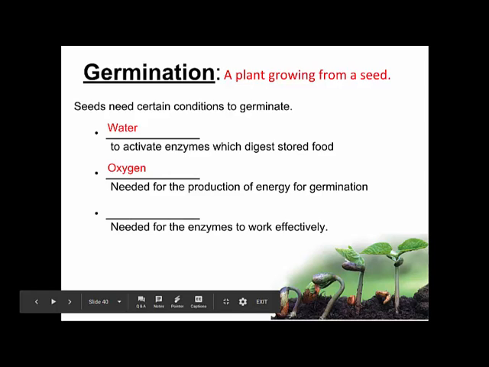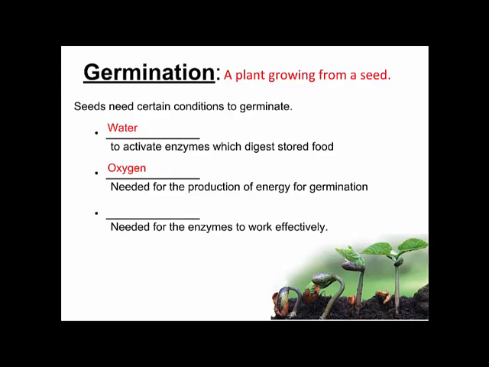They need oxygen to break down the energy stored in the seed, which is basically like a starch. To break that down, oxygen is required. And proper temperature is required. Seeds typically won't start germinating until they've reached the proper temperature.